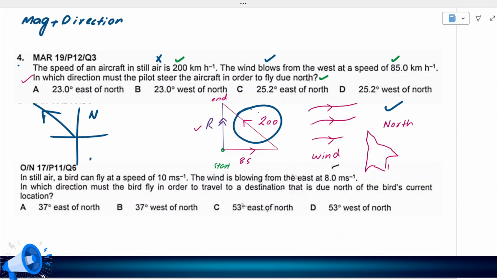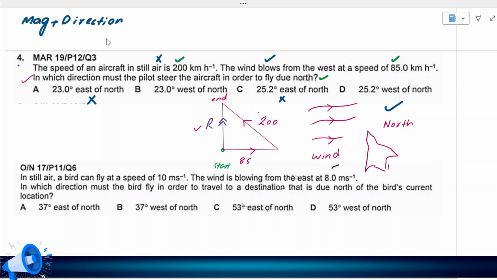This is north, south, east, west. So he needs to steer west of north. I can cancel out option A, I can cancel out option B. We need to find the angle. Which angle? The angle of the velocity with respect to the north.